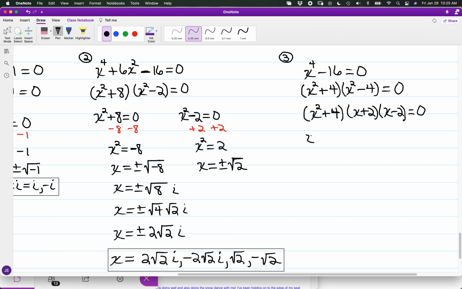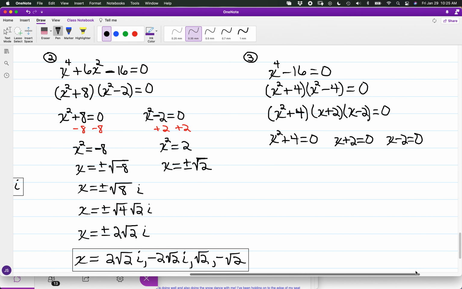Now setting each of these factors to 0, we have x squared plus 4 equal to 0, x plus 2 equal to 0, as well as x minus 2 equal to 0.